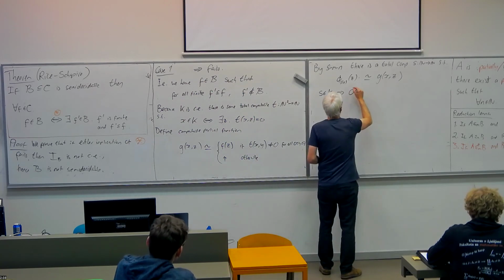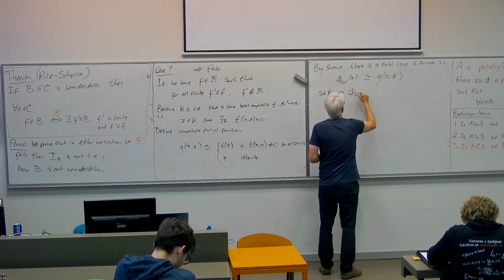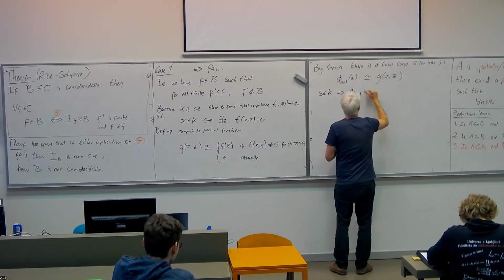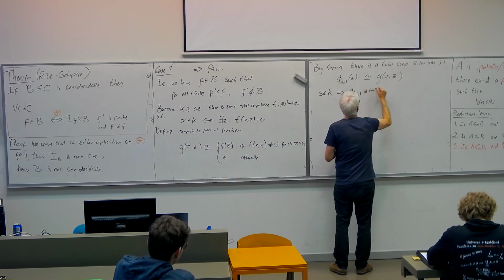So we get that if S belongs to K, phi of S of x is finite. It's finite.